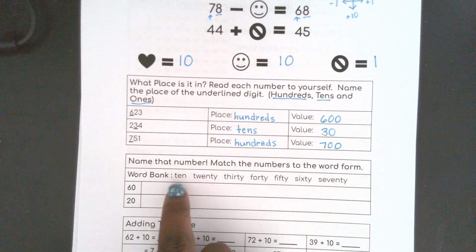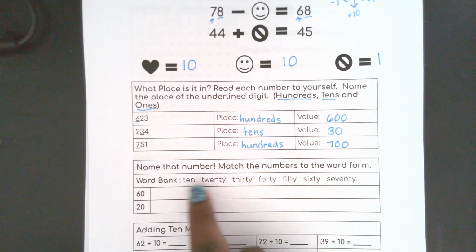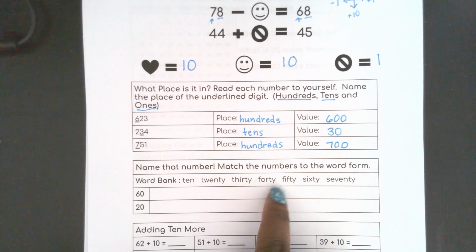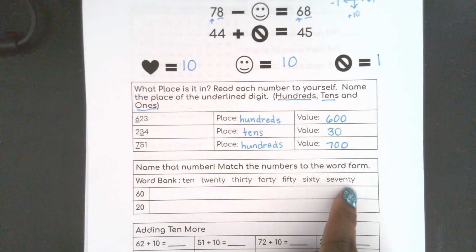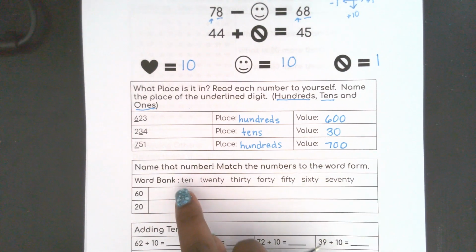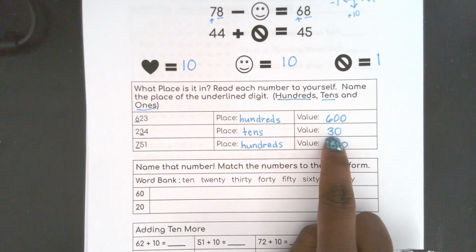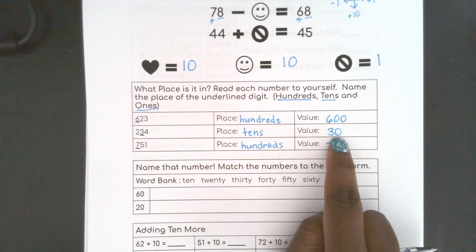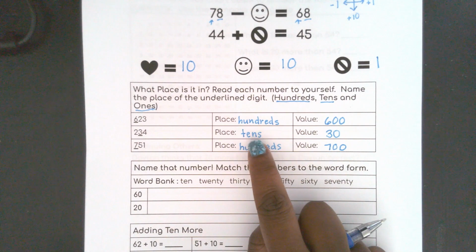So here I have the words 10, 20, 30, 40, 50, 60, and 70. These are all tens words. So like 30, how we have it up there, this is the spelling for 30. See? And that's a 10.